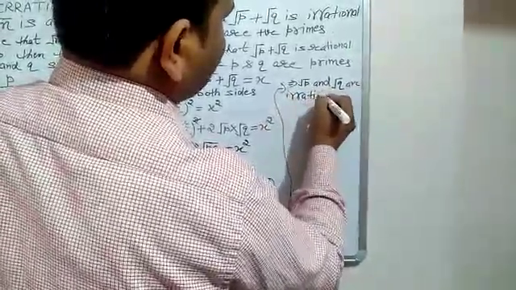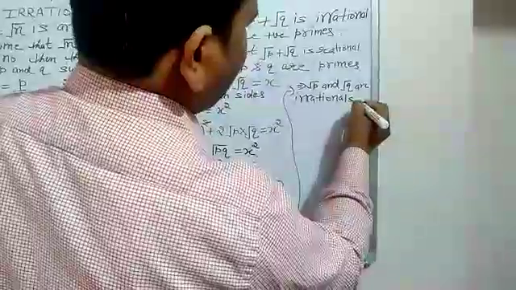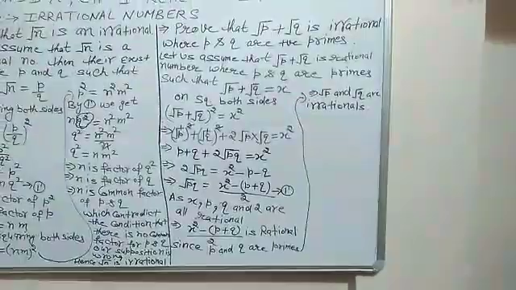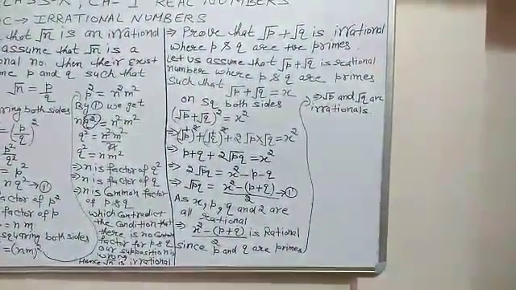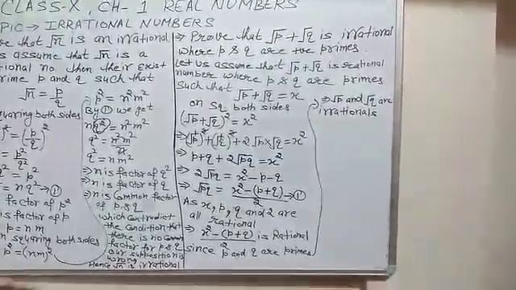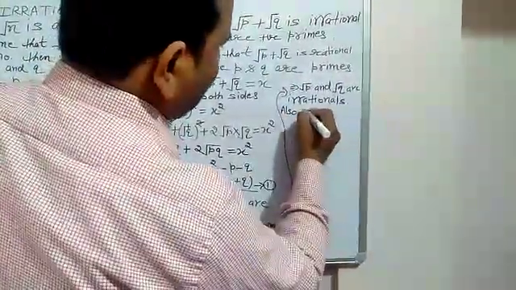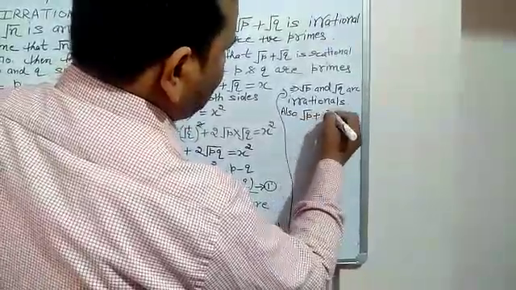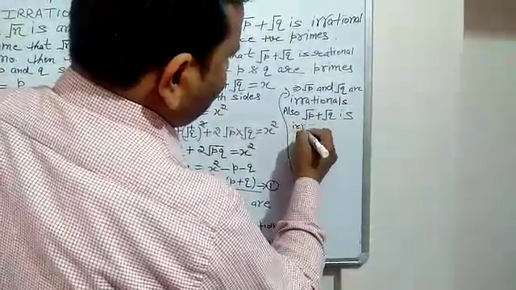Why irrationals? Because we all know that square root of a prime is an irrational number. Also root p plus root q is irrational.